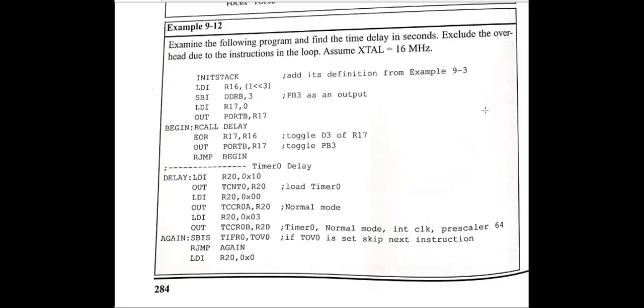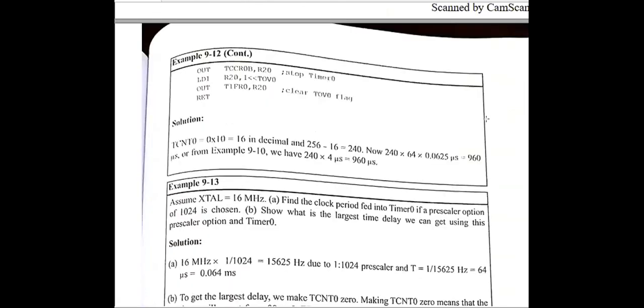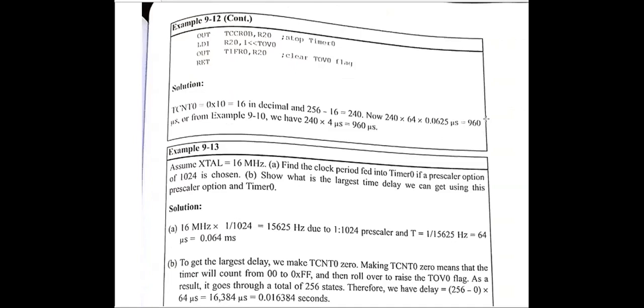TCCR0B is normal mode and the clock prescaler is 64, then jump again, and then we have PB1.